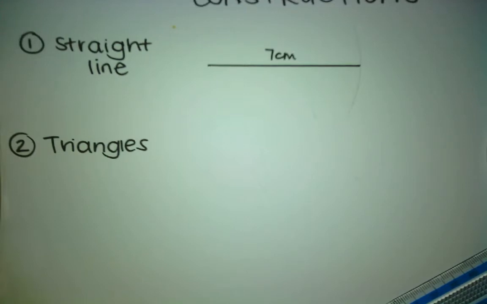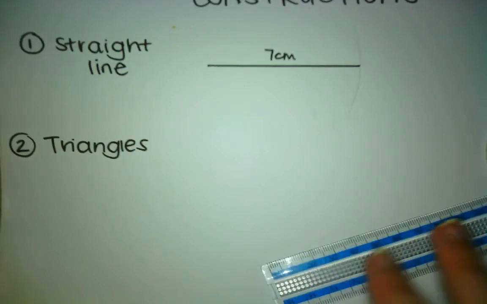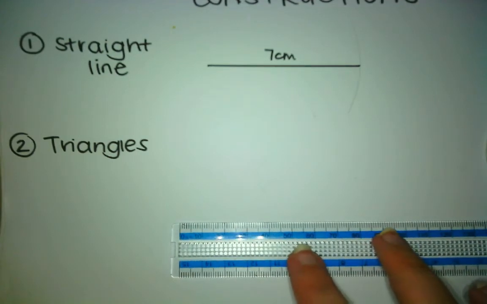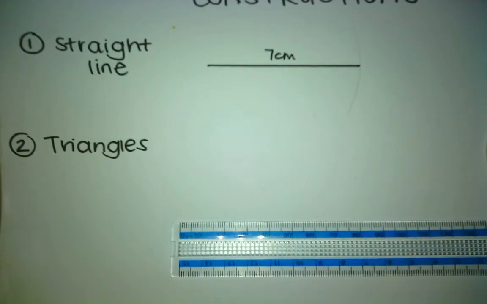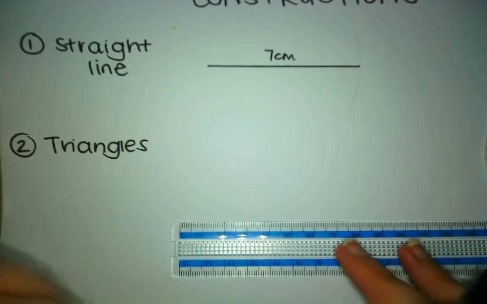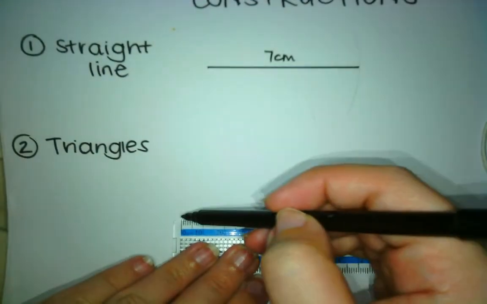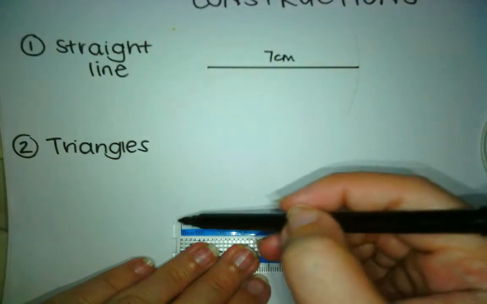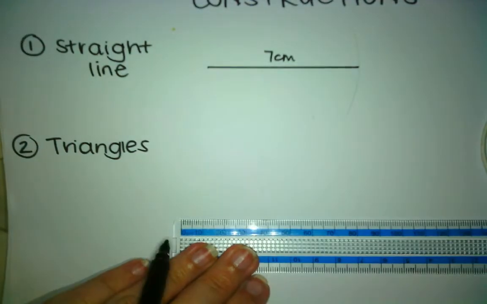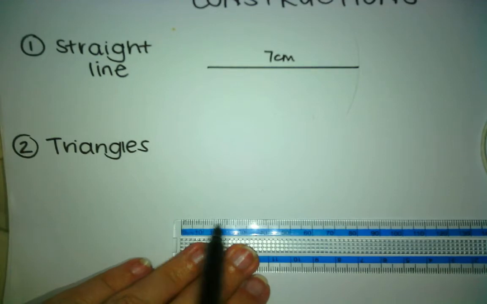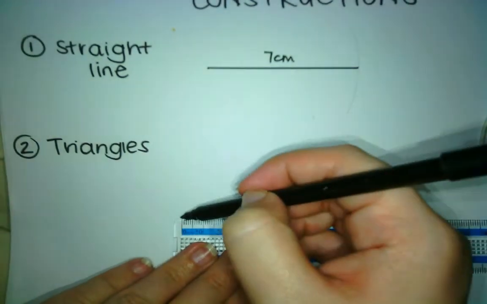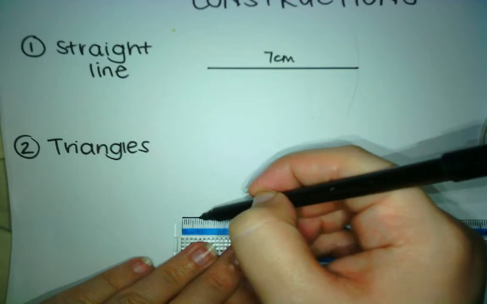Basically what you've got to do is measure out, let's make it 4 centimeters. If it's an equilateral triangle, all the sides are going to be exactly the same. So you just start and draw a line. You don't go at the edge of this ruler here, you actually start a bit in, you go from north, and you draw till 4.